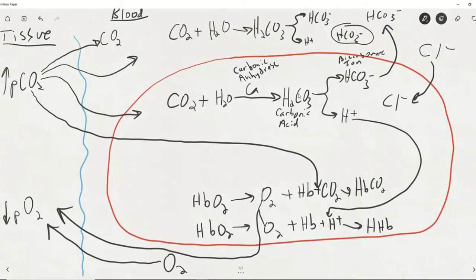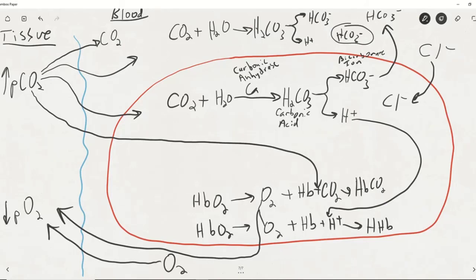But rather than do that, I'm going to tell you the trick. When we get to the lungs, all we have to do is every single arrow points the opposite direction. It's the exact same picture, but every single arrow points the opposite direction at the lungs.